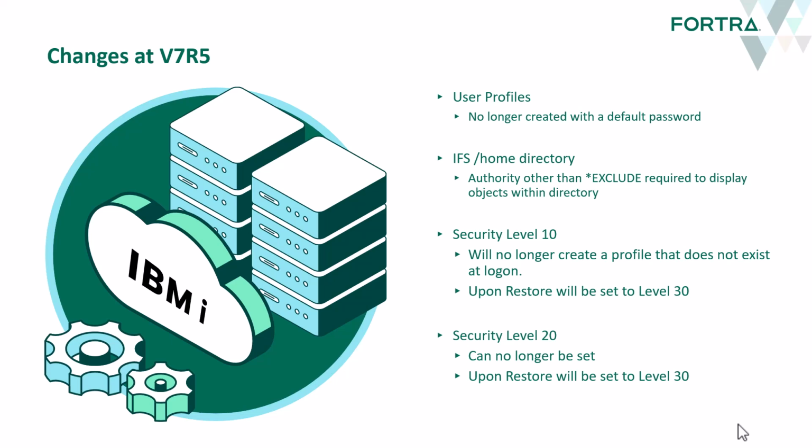And level 20, now at V7R5, will no longer be able to be set. So if you have a system that starts at level 40 and you want to back down to level 20, that's no longer allowed. So taking these things into account, getting your system to a more secure security level will be advantageous, especially with new OS versions coming on.